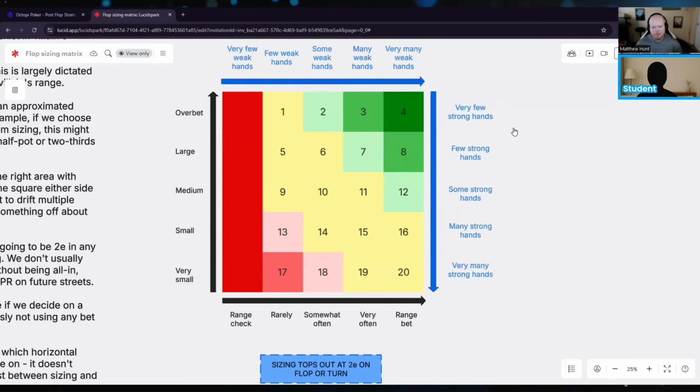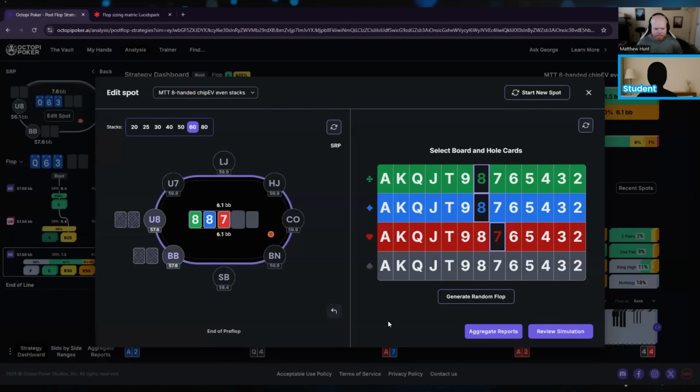Well, first of all, let's go through the strong hands in their range, right? What was your conclusion or what was your assumption there? Show me the 8, 8, 7. Yeah, 8, 8, 7. They have an 8 a fair amount of the time. Yep, they do. That's quite relevant here, right? It's a bit like the ace 4. If they have an 8 and they flop trips, that's a very, very strong hand.